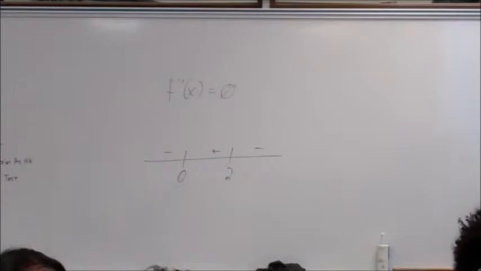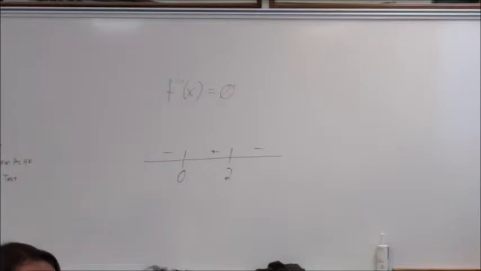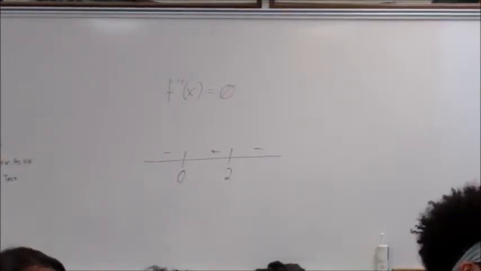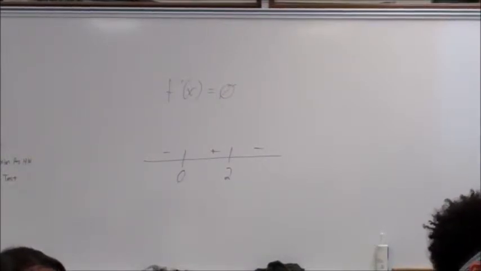And at around 0, it's concave down, which means that the second derivative is less than 0. To go from greater than 0 to less than 0, it's going to have to be equal to 0. So somewhere in here, f double prime equals 0, an inflection point.